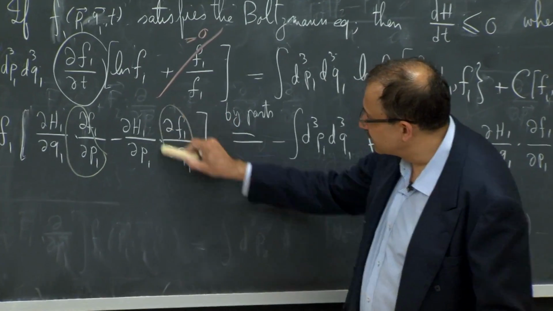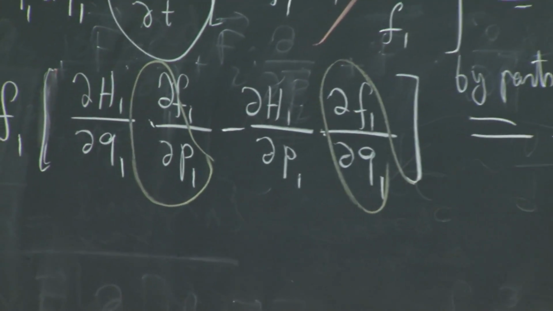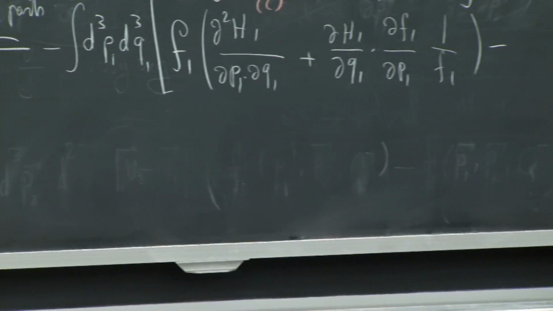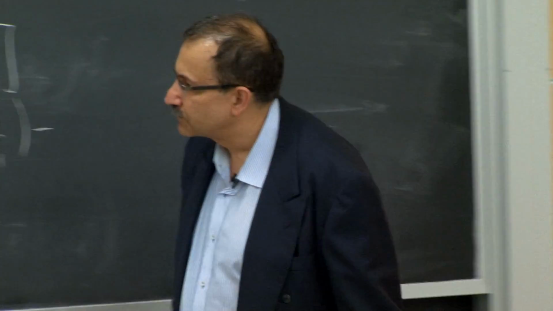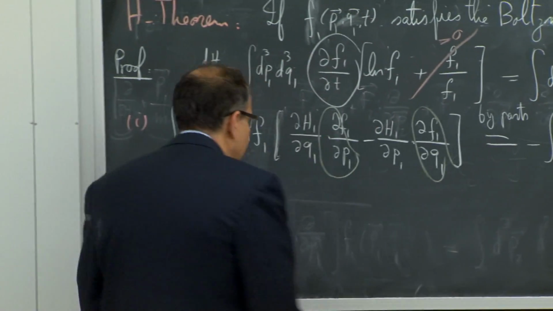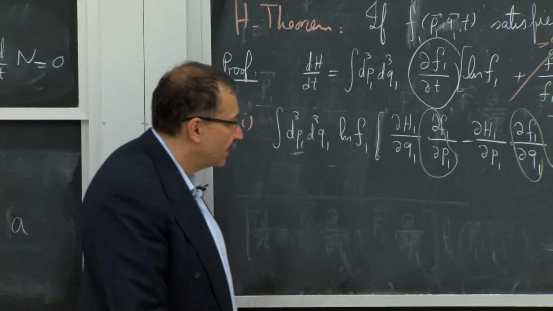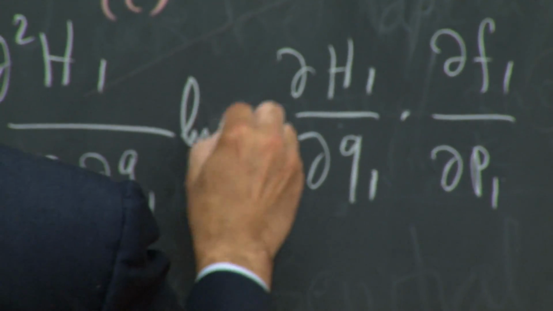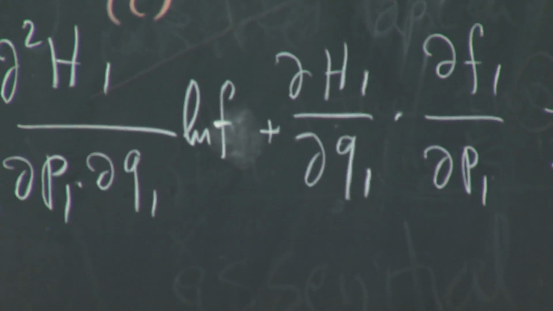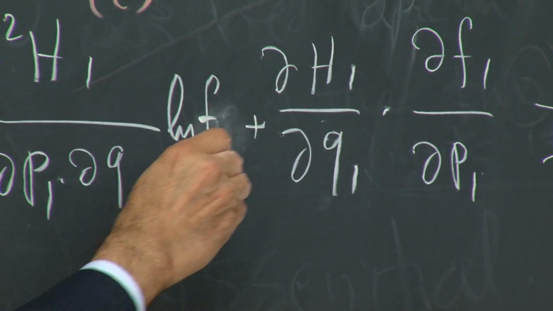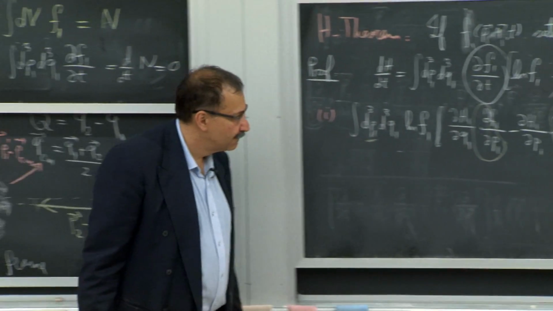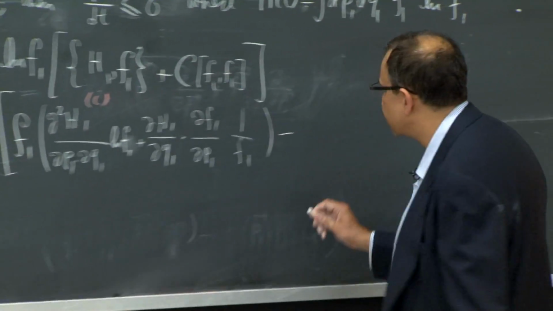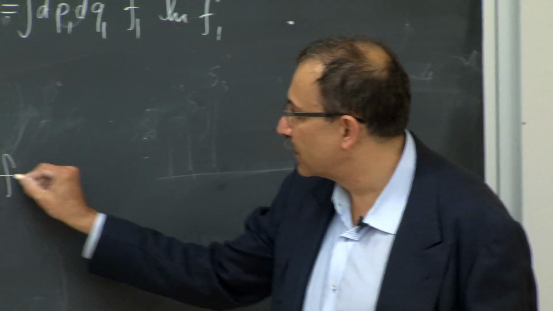I also have this term, which I will do the same thing with. So the term of log f, where the second derivative of Hamiltonian should be multiplied by log F1. Good. And then for the next term, I have F1.